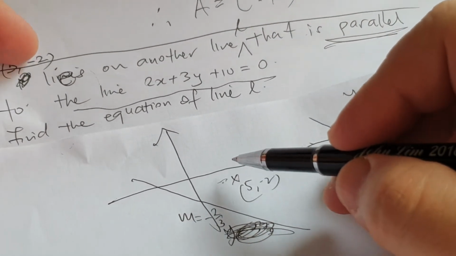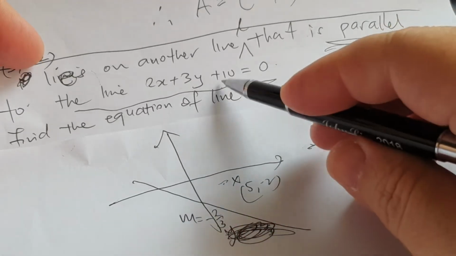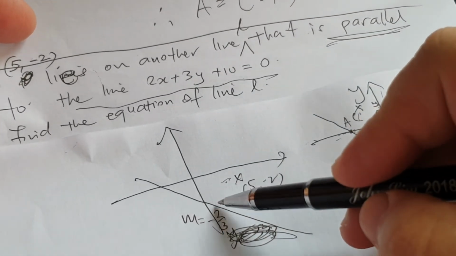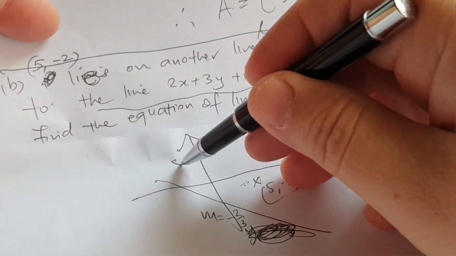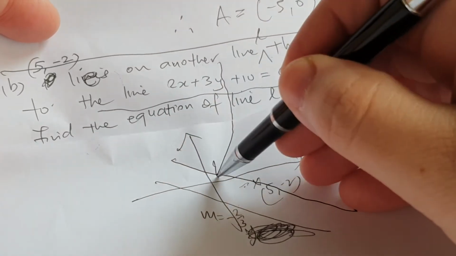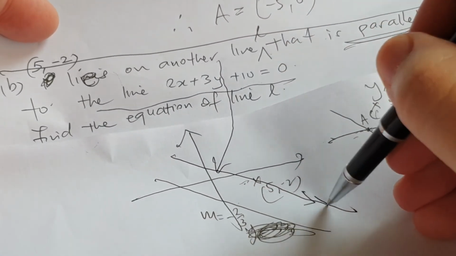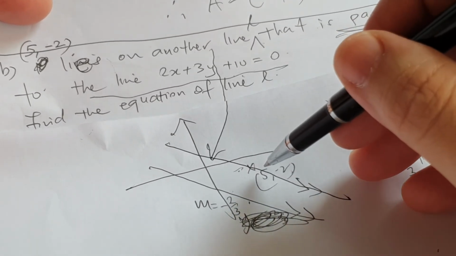This point here, 5 minus 2, does not lie on this line. It lies on another line, and this other line is the one they're talking about. This other line is parallel to this one. You get it?